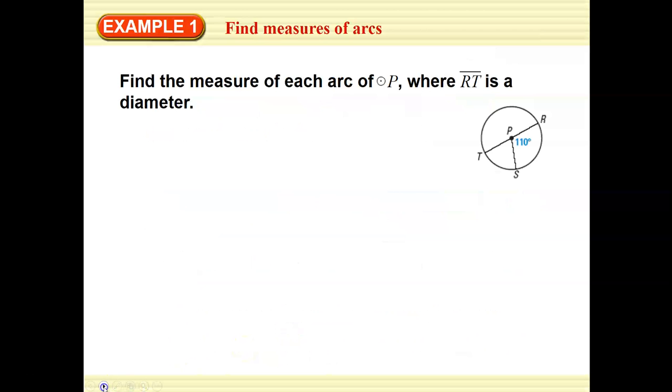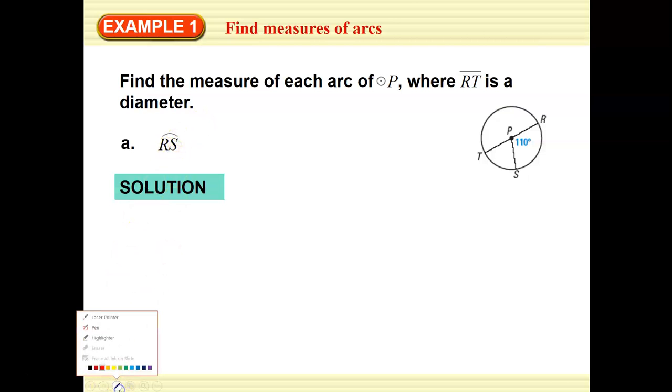Here we looked at some arcs, and we're talking about arc RS. One thing we discussed in class is that when you're looking at an arc named with just two letters, like arc RS, it's always the shortest distance.